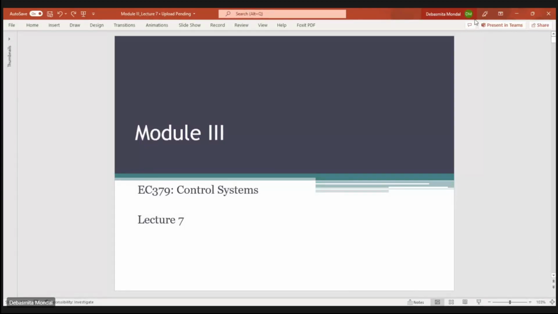So in the last class we were discussing how to find out the stability of a control system. As we all know, the stability of the control system depends on the location of the poles of the closed loop system, right?